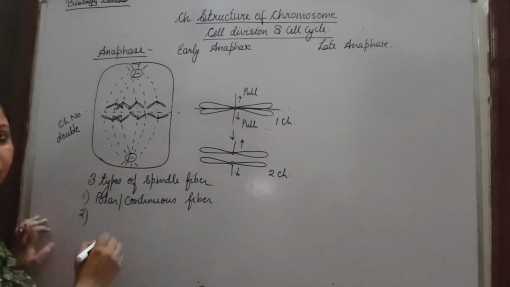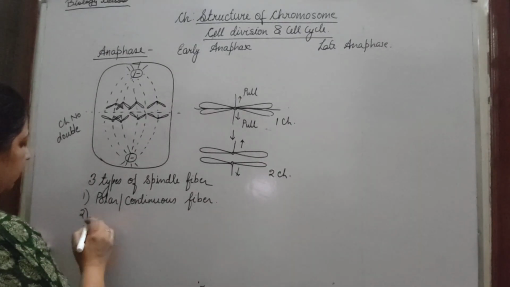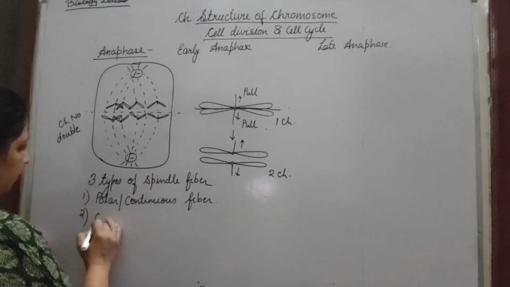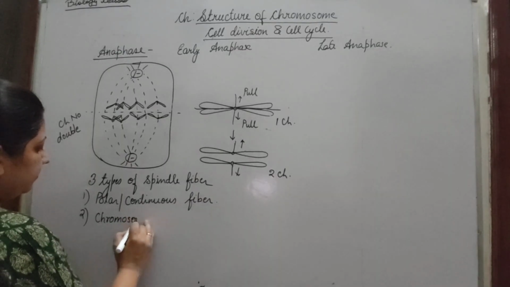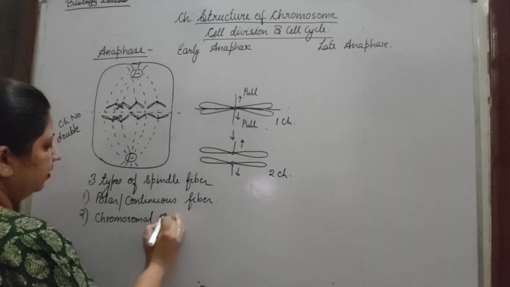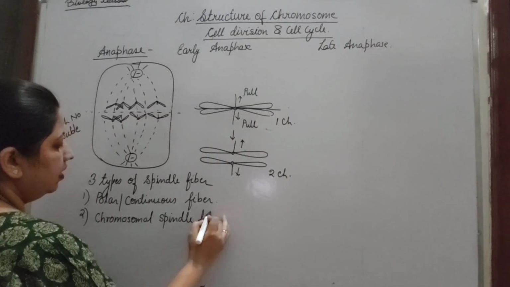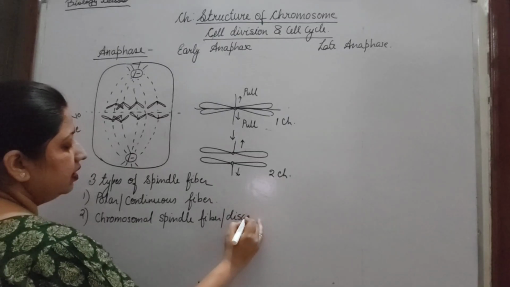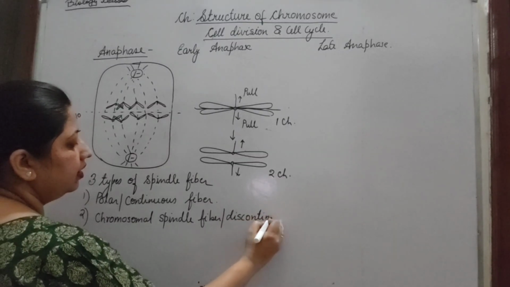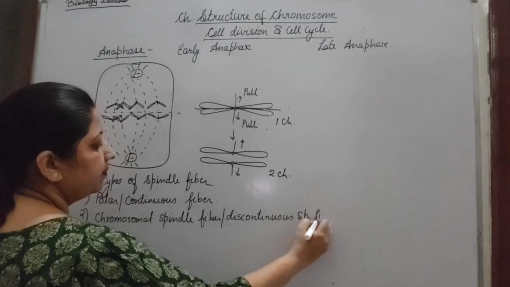The second is the one on which the chromosome gets attached, called the chromosomal spindle fiber, or we can call it the discontinuous spindle fiber.